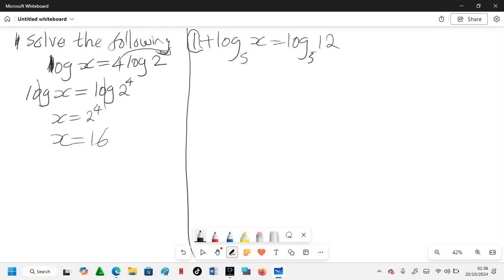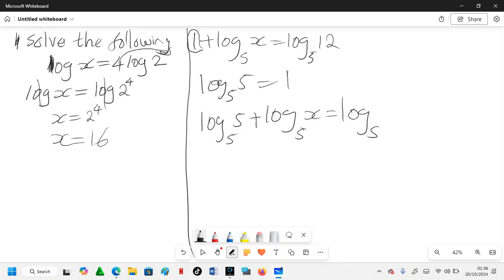So 1 can also be written as log to base 5 of 5. It's just the same as 1, right? So I'm going to rewrite that and say it is log to base 5 of 5 plus log to base 5 of x is equal to log to base 5 of 12.